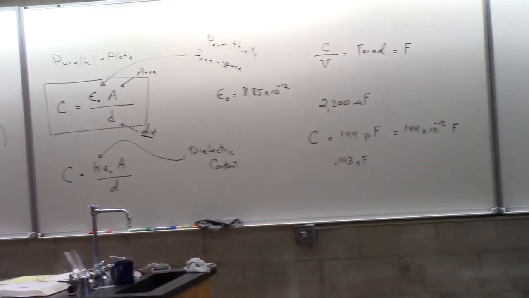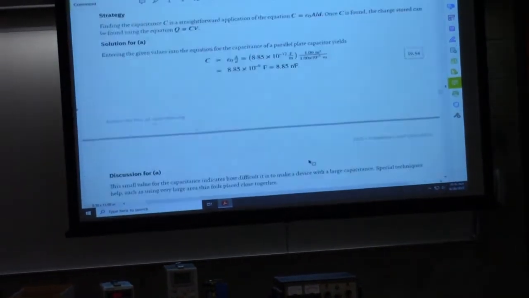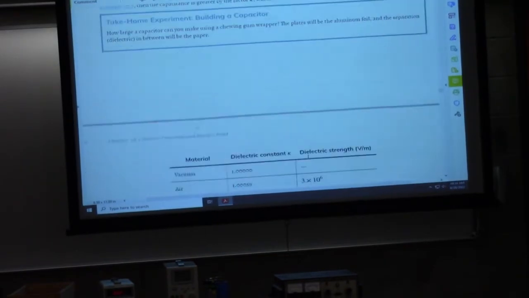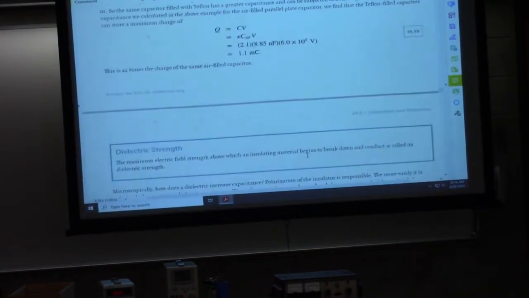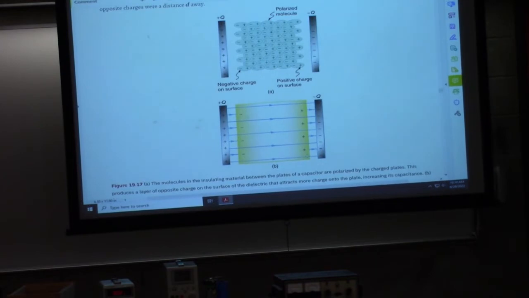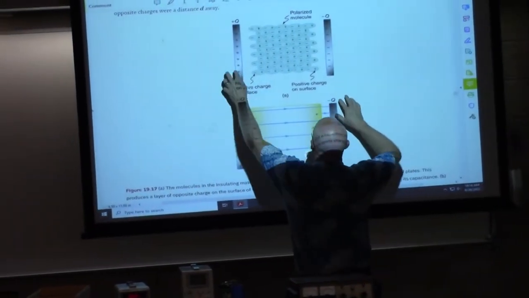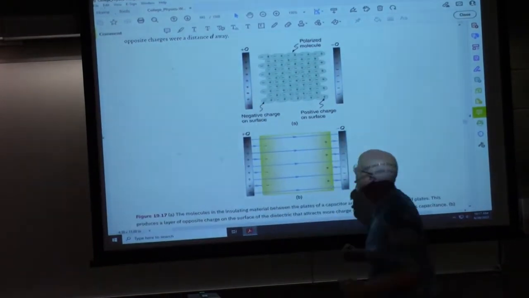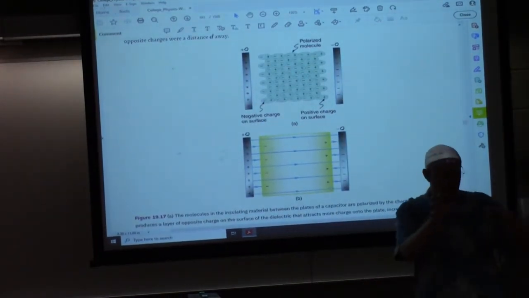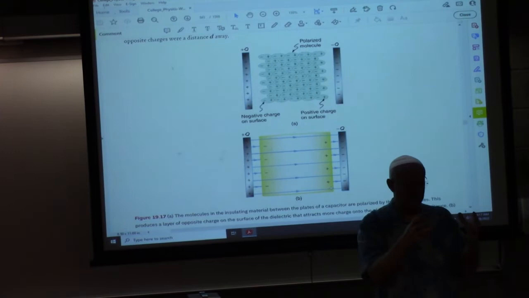In fact, your author gives a good picture of the physics behind this. He says, let's take a look at what might be happening on the inside. And he says, if you have a positive and a negative, and of course there's nothing there, you just get an electric field.